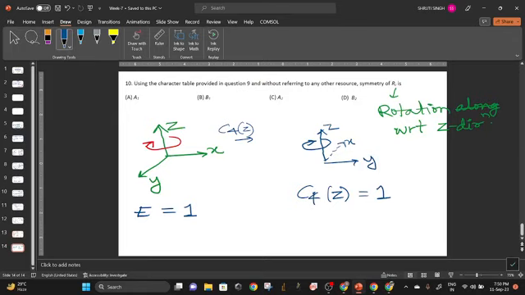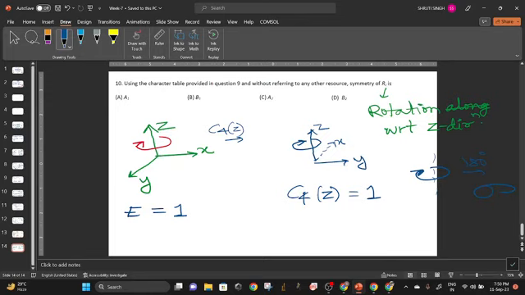Again C2z is the same case, so instead of rotating by 90 degrees we have to rotate by 180 degrees. This is my rotation, and if I rotate along z by 180 degrees, the arrow will come here.